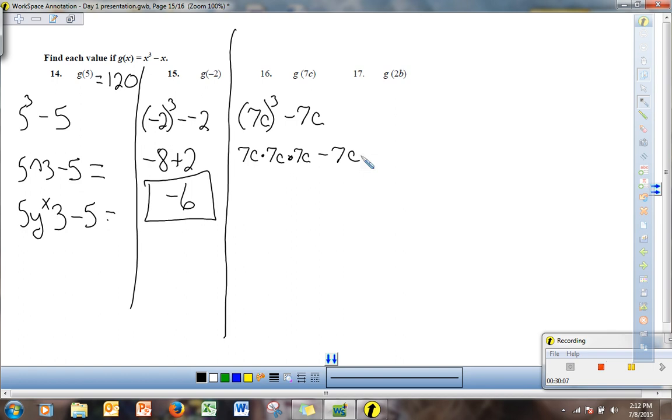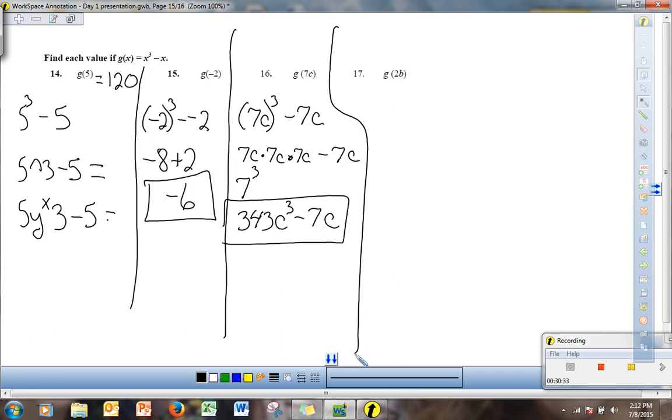So what you need to do in your calculator is take 7 times 7 times 7, or 7 to the third power. So I'm going to get 343 c to the third, because c times c times c, you add your exponents, is c to the third, minus 7c. There's your answer. As weird as it looks, there's your answer.